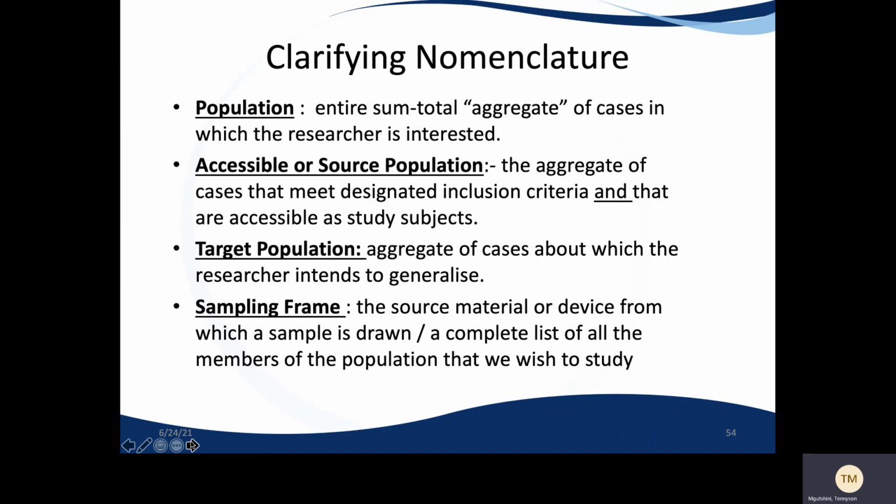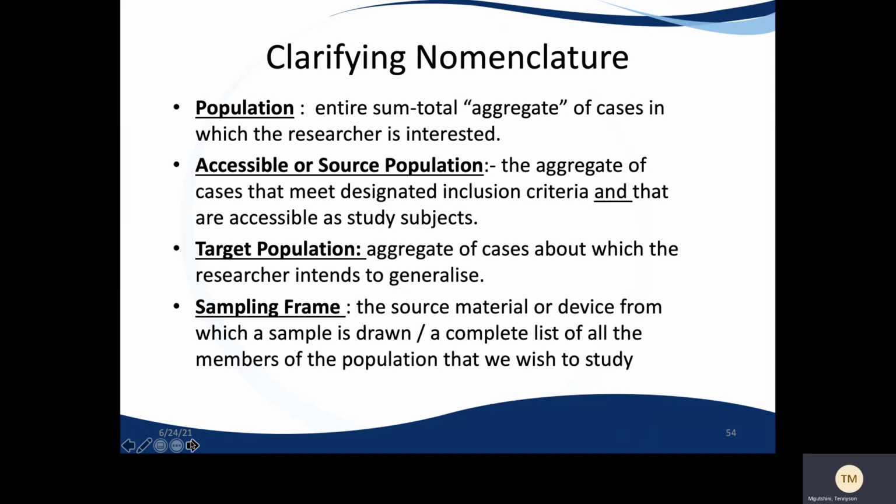From that population, there's something that we call an accessible or source population. And that really is in some ways self-explanatory, but I will clarify it for you. It refers to those members of your big population that meet your inclusion criteria and are also available and reachable so that they can be study subjects.